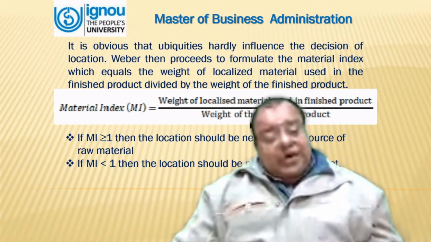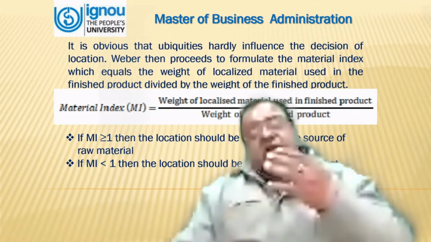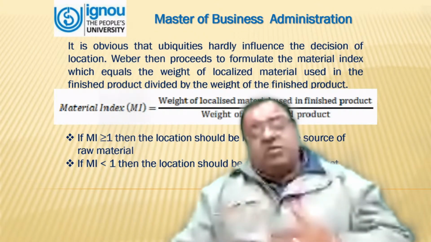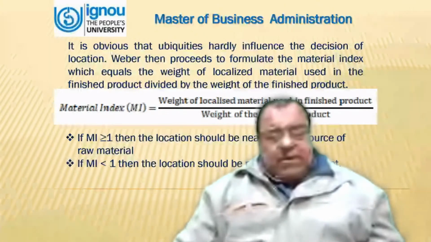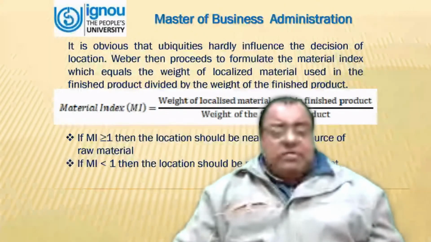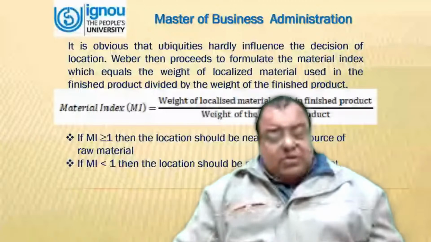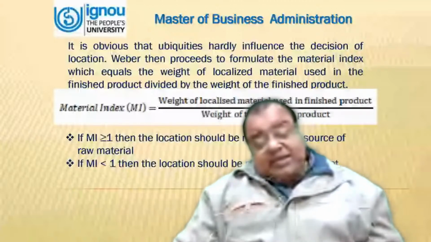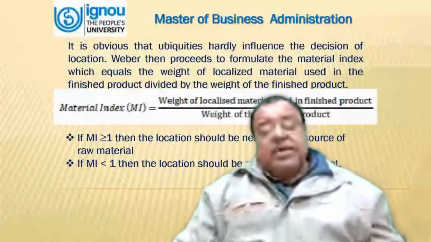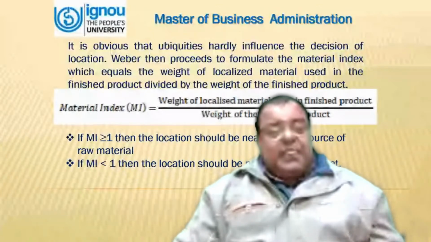We can see that the material index, MI, is the ratio of the weight of the localized material used in the finished product to the weight of the finished product. If MI is greater than 1, then the location should be nearer to the source of raw material. And if MI is less than 1, then the location should be nearer to the market.